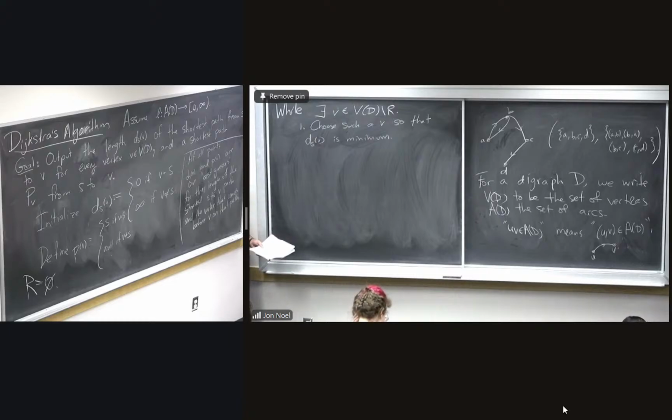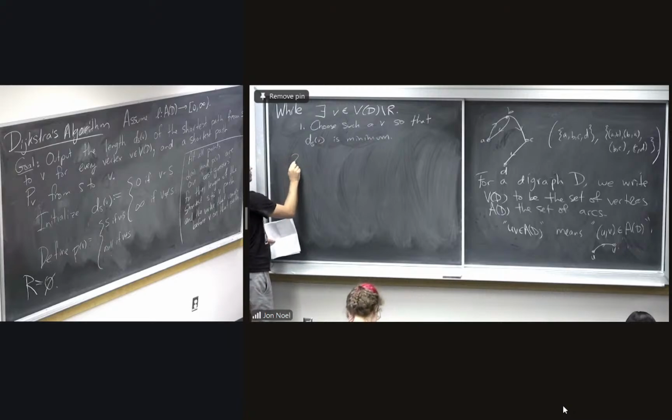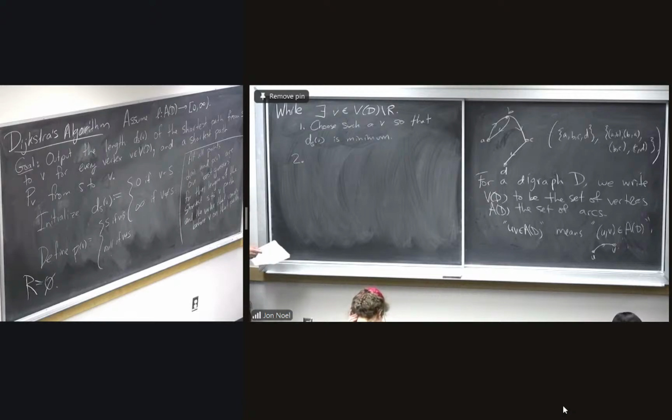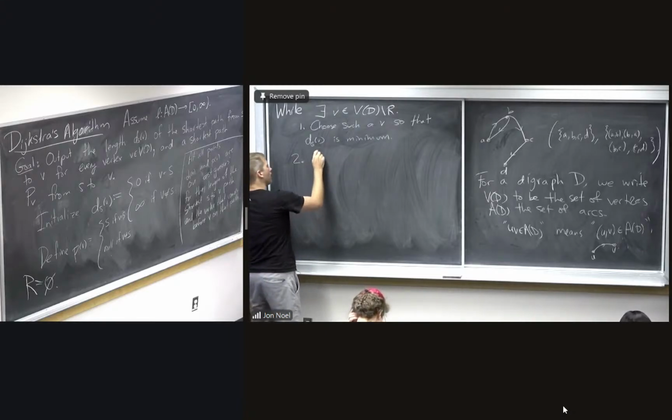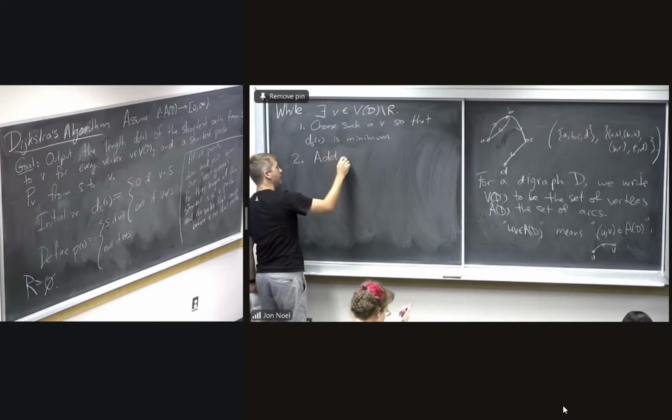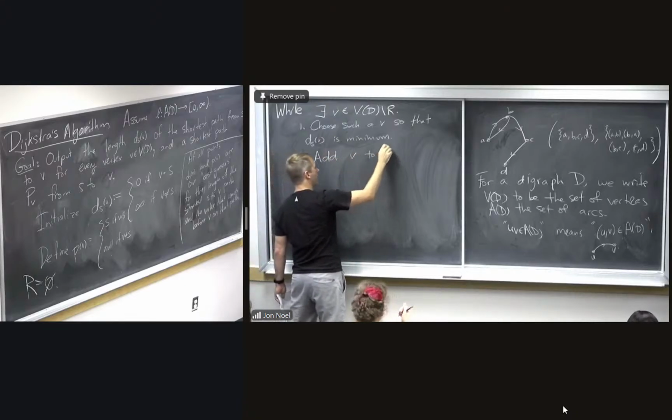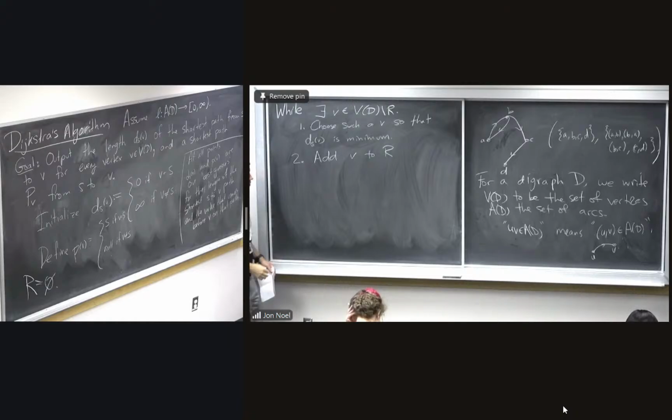Then I'm going to add v to the set R, which just means that I'm declaring I've now reached v. I've looked at it.